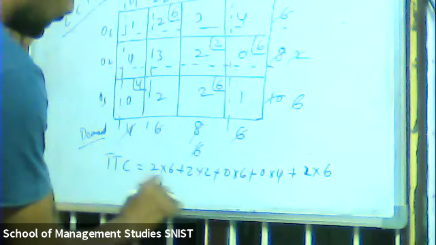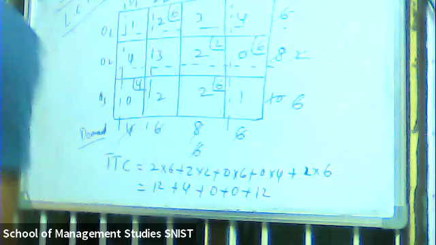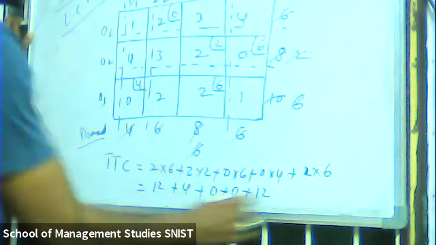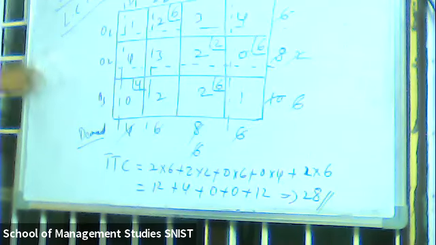So 2 sixes are 12, 2 twos are 4, 0 plus 0 plus 12, 12 plus 12, 24, which is... answer 26, sir. 24, 28. Oh, sorry, 28, sir. 28, right?